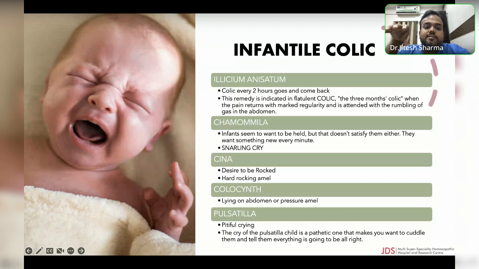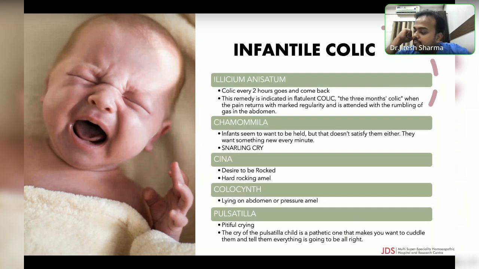Now, infant colics. I'll discuss a few important remedies. That is Illicium anisatum. I don't know if anybody knows about this, but in this the pain goes every 2 hours and comes back. This is typical of this remedy. And there is a lot of rumbling of gas in the abdomen.